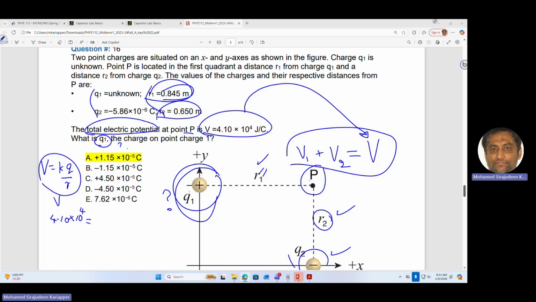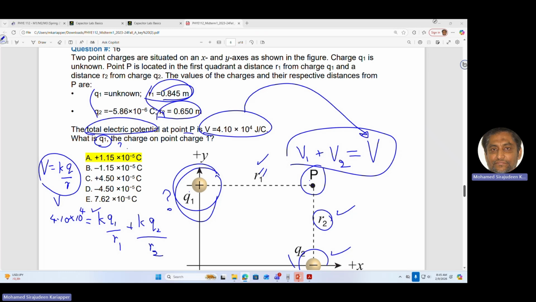V1 will be K Q1 divided by R1. V2 will be K Q2 divided by R2. Is K given in the question? No, but it is in the formula sheet, right? 8.99 times 10 to the power 9.